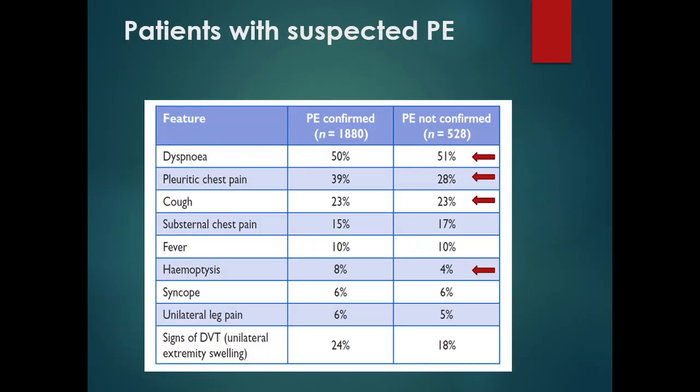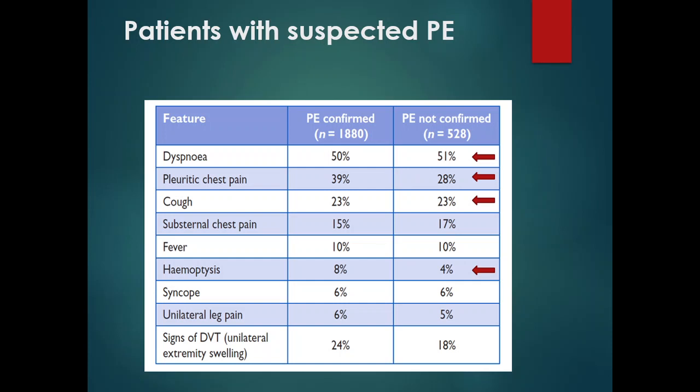Some of the common symptoms that students like to correlate strongly with pulmonary embolism is, for example, hemoptysis. Only 8% of patients with confirmed PE have hemoptysis in one study, compared to 4% with no PE. So hemoptysis is uncommon.